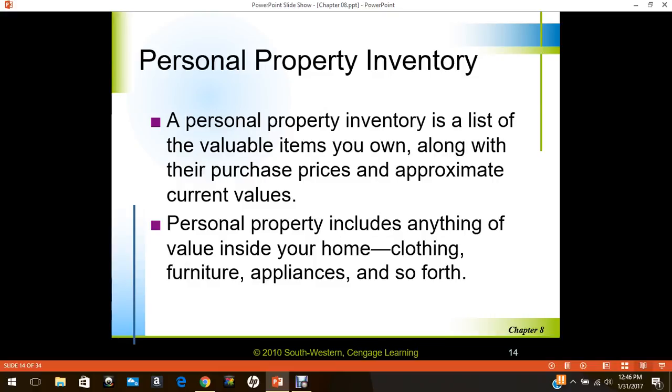Now, we also have a personal property inventory. This is a list of valuable items that you own, along with their purchase prices and approximate current values. Personal property includes anything of value inside your home, such as clothing, furniture, appliances, electronic devices, and so on.